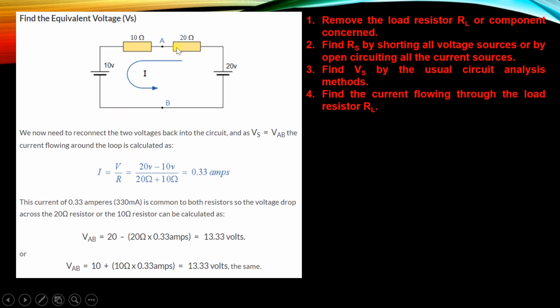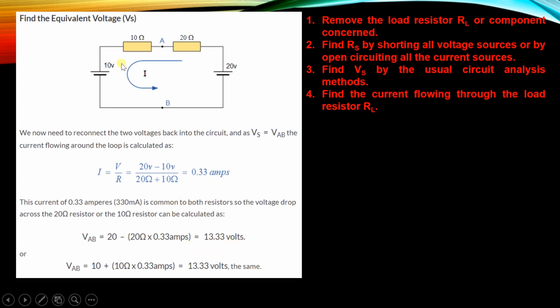When we consider the 20 ohm resistor, the voltage across terminals A and B is equal to 20, this voltage source, minus 20 into the current, means V equals Ri. Ri is the voltage drop, R is 20, and the current value we calculated is 0.33, and when we solve this, it becomes 13.33 volts.